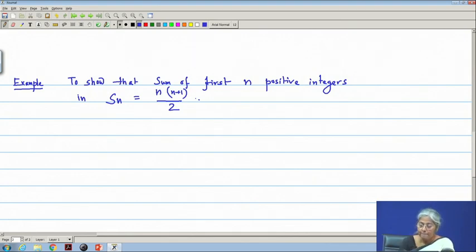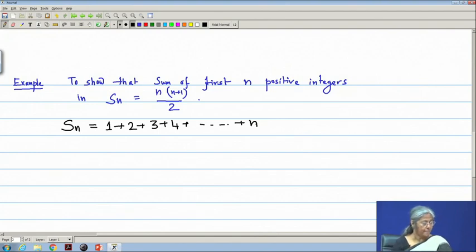First we see the sum of the first n positive integers. We can write Sn is 1 plus 2 plus 3 plus 4 plus up to n.